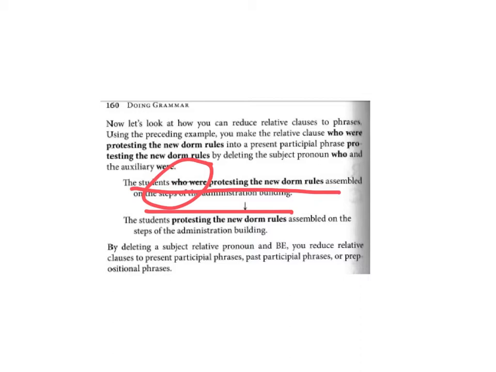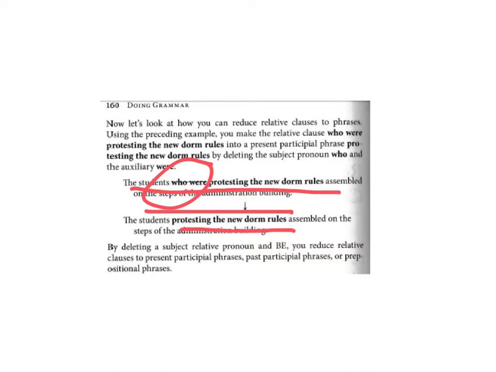That is why when we delete the who were from the sentence with the relative clause, we call the phrase that remains, protesting the new dorm rules, a participial phrase. It is a verb phrase headed by a participle form of the verb. Even though this is then a partial predicate and is not finite, not tensed, it is still going to be one of the 6 verb types and needs to be labeled as such.